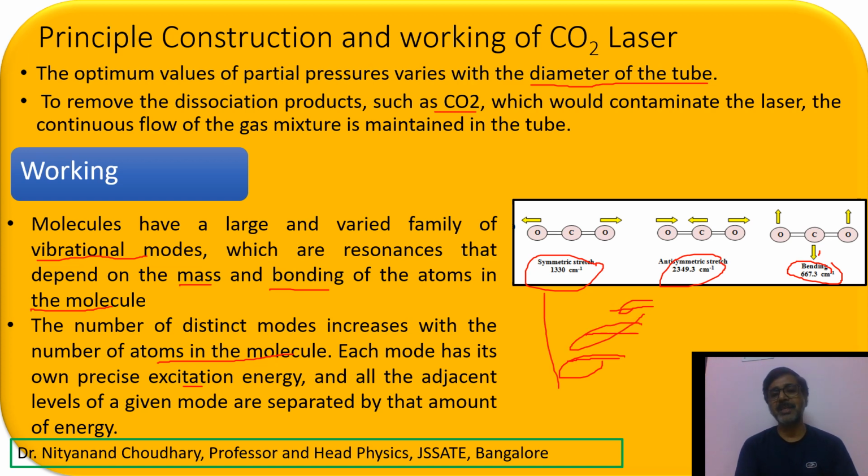If this is representing the energy, so this is your E on the y-axis, and I'm just showing the vibration of the atoms. This is one mode, another mode has another energy, and the third mode has the third energy. So it is going to be available at different levels.